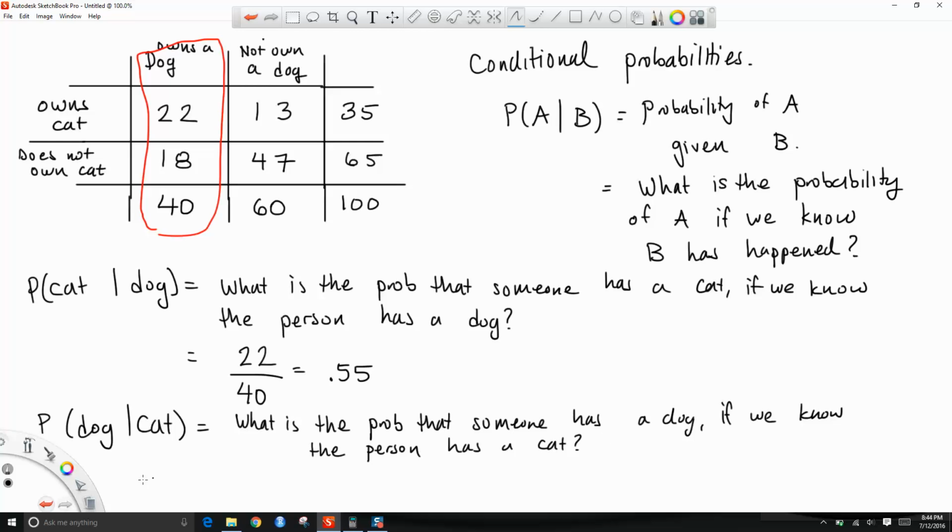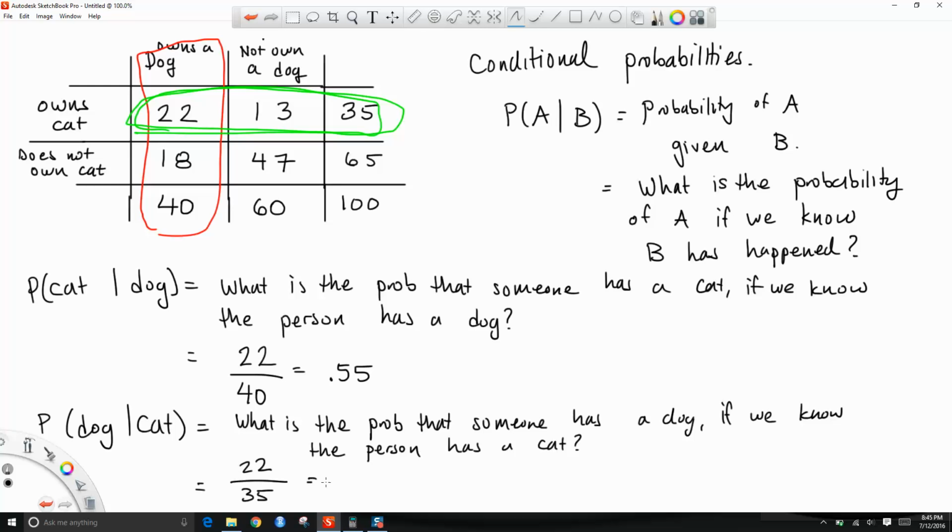Okay, and then so what am I limiting myself to in this question? Yeah, as soon as we said if we know the person has a cat, we're limiting ourselves just to this row here. These are the only people that now matter. Okay? So in the denominator, I'm going to put what? 35, and in the numerator, I put 22.